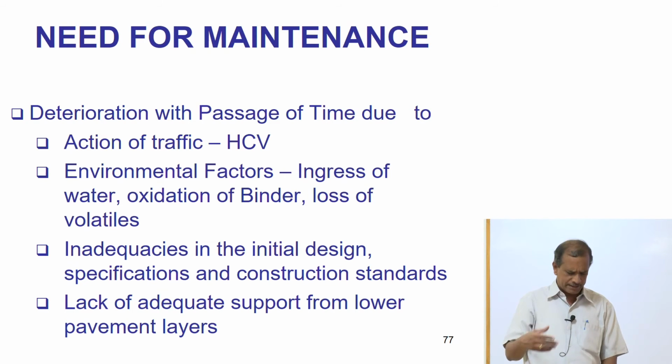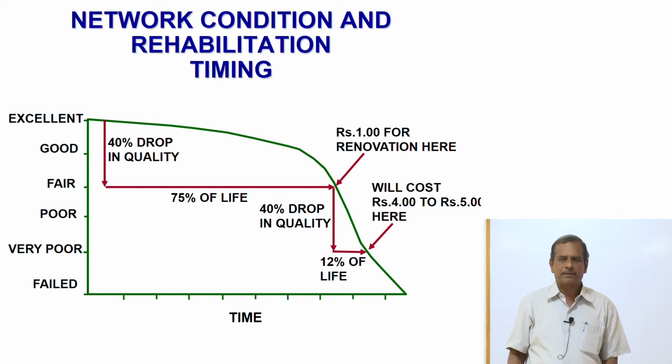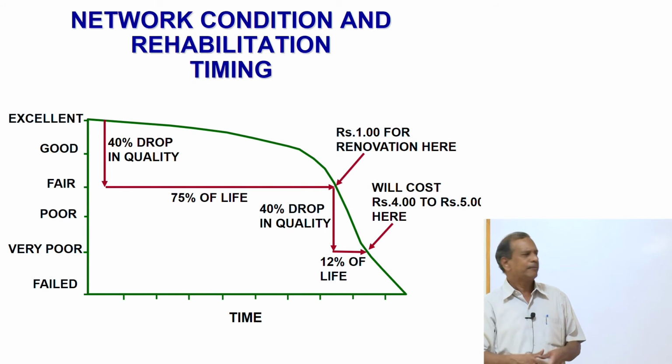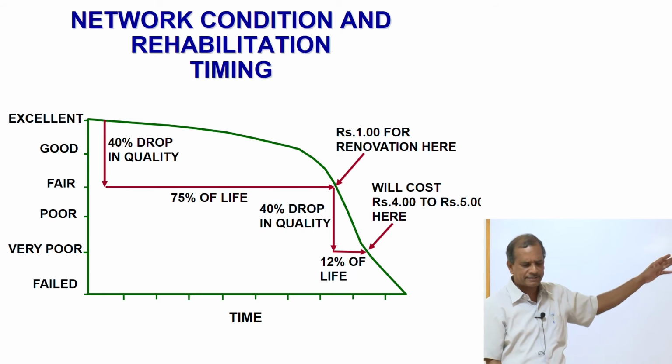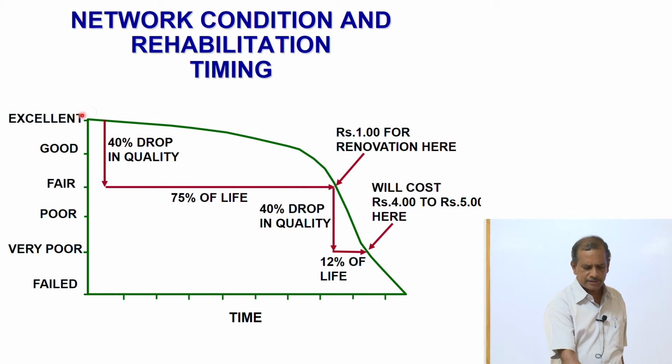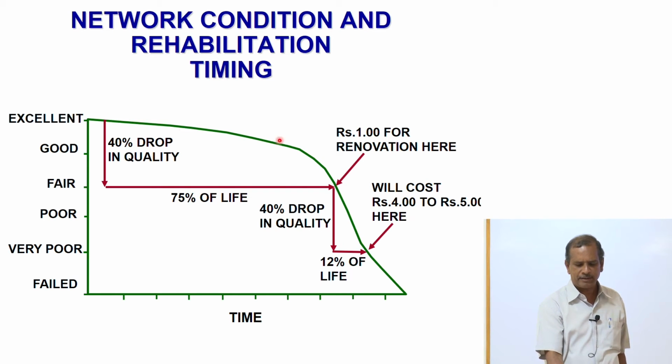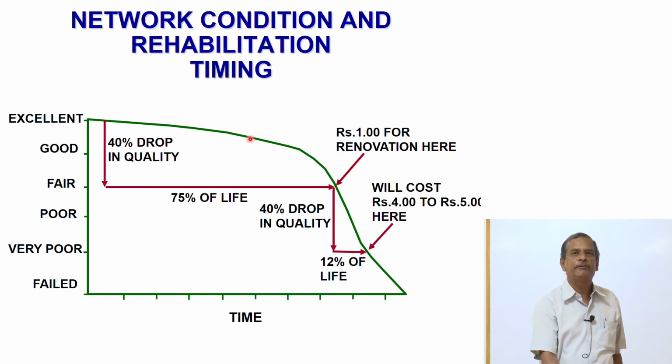So, if that is the case, how do I design the pavement? A pavement is very good initially, it will be excellent initially. Then it will start deteriorating with the passage of traffic. If I do the maintenance here, it is called preventive maintenance. More and more I delay the maintenance, the cost of maintenance will go up. If the thickness of bituminous layer required may be around 20 millimeters here, the thickness of the layer will be 200 millimeters here.